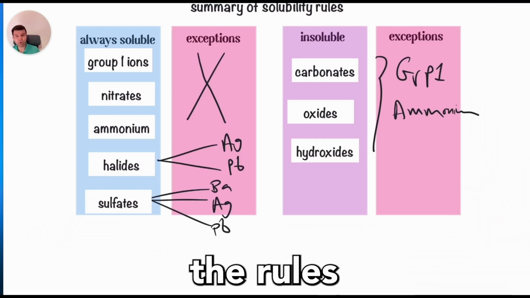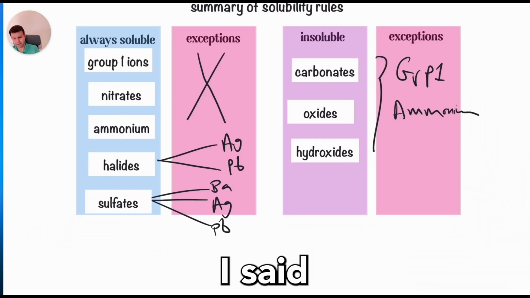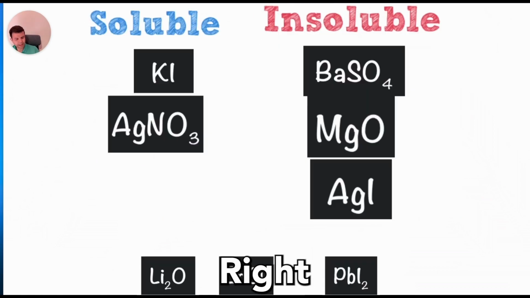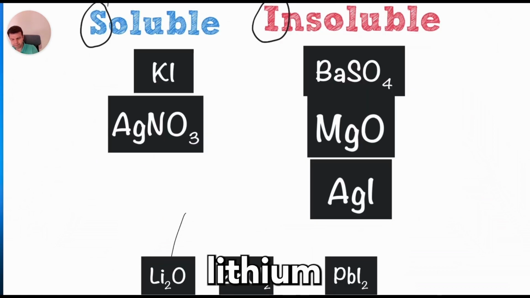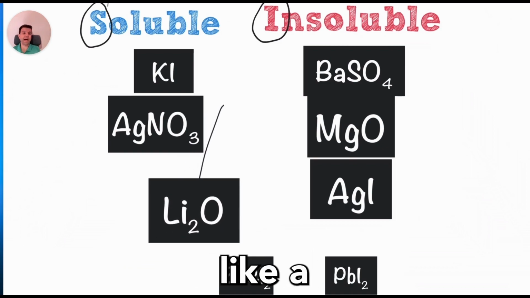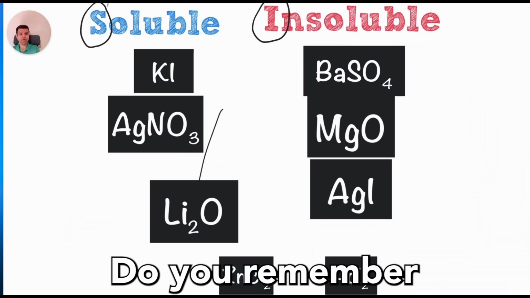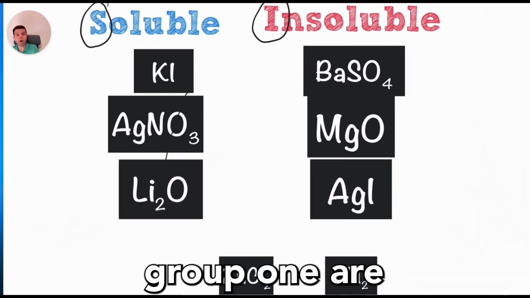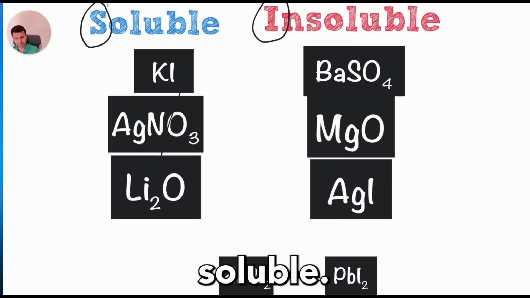Again, I'm using the rules I have here. Silver with these is insoluble. Then I have lithium oxide. Lithium is a member of group 1, right? We said that group 1 compounds are always soluble.